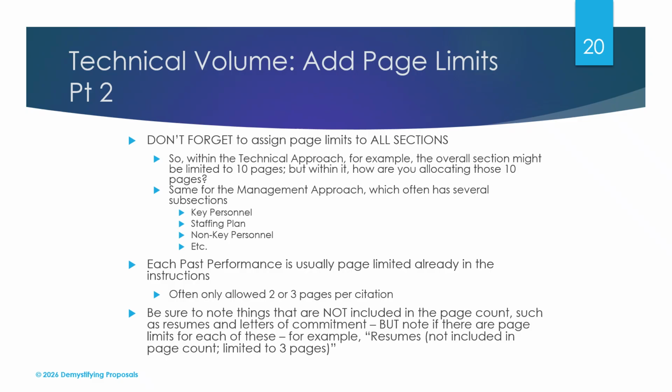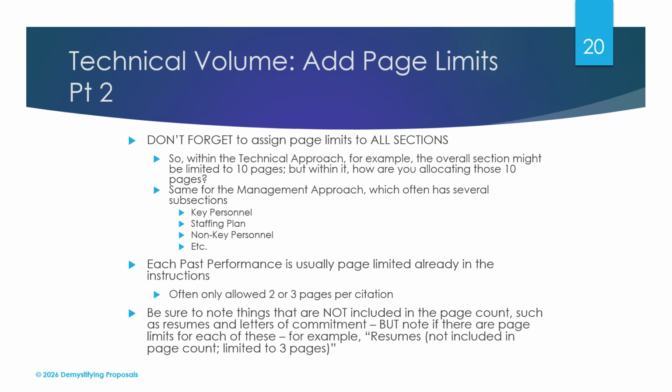Each past performance is usually page limited already in the proposal instructions. Often they only allow 2 or 3 pages per citation. But note that in parentheses in the headings for each of the past performance citations. Also, be sure to note things that are not included in the page count, such as resumes or letters of commitment, but note if there are page limits for each of these.